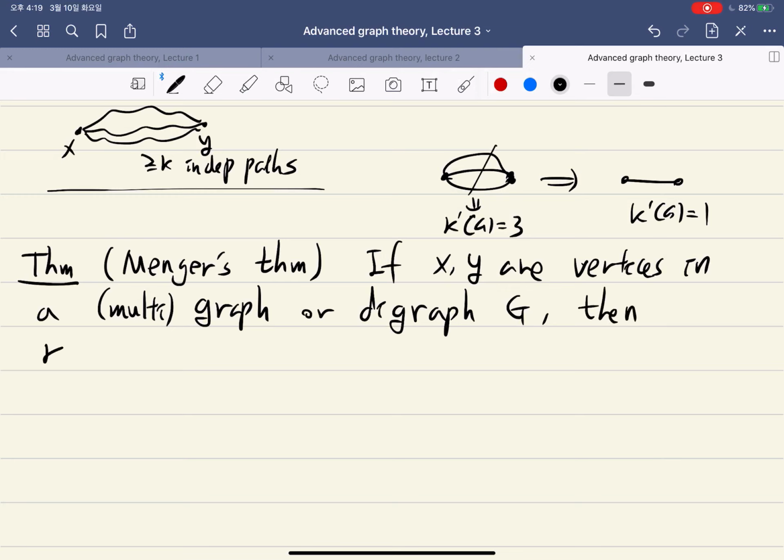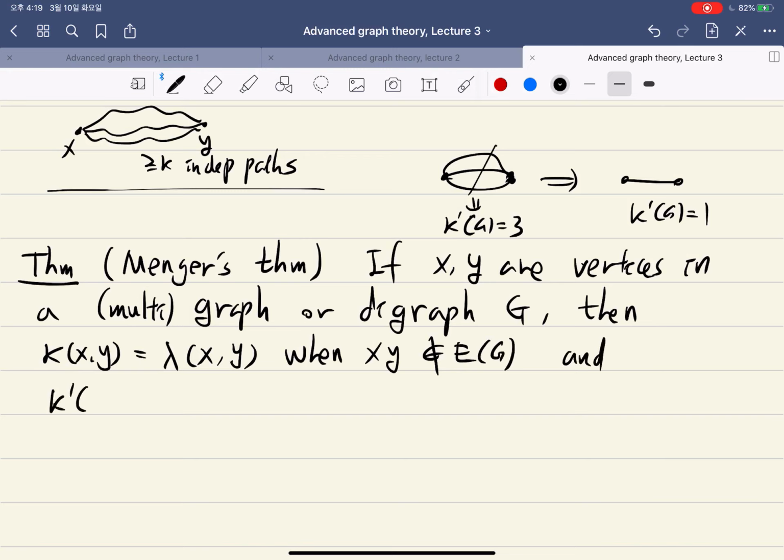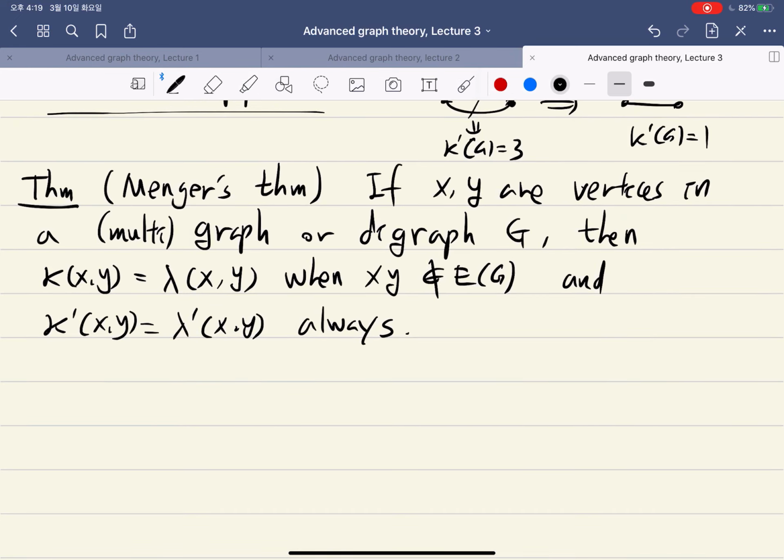So if this is a multigraph or graph, or even a digraph, then kappa xy equals lambda xy when xy is not an edge of G. The edge version says that kappa prime xy equals lambda prime xy, for all pairs xy of the vertices in the graph.